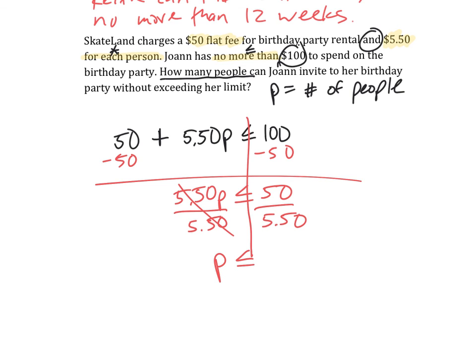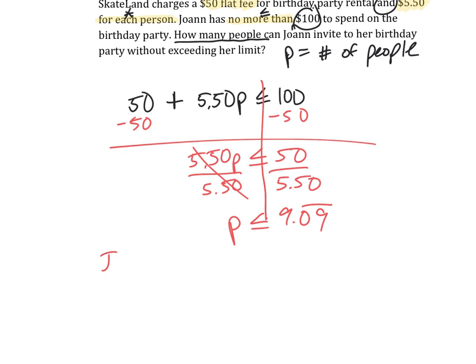We take 50 divided by 5.5, which gives 9.09 repeating. But we can't have 0.09 of a person, so Joanne can invite up to 9 people to her birthday party.